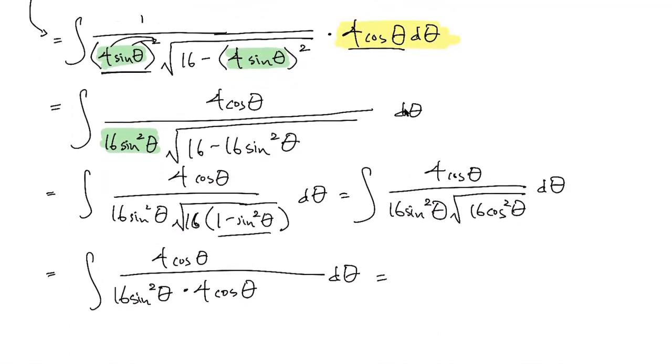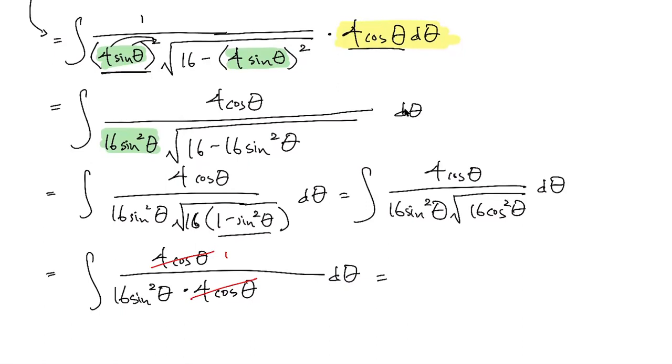So all of this work, our problem got pretty messy. But at this point, it starts to get significantly better. Because check out what I have on the top. I have 4 cosine theta, and on the bottom, I have a 4 cosine theta. So those reduce to 1.